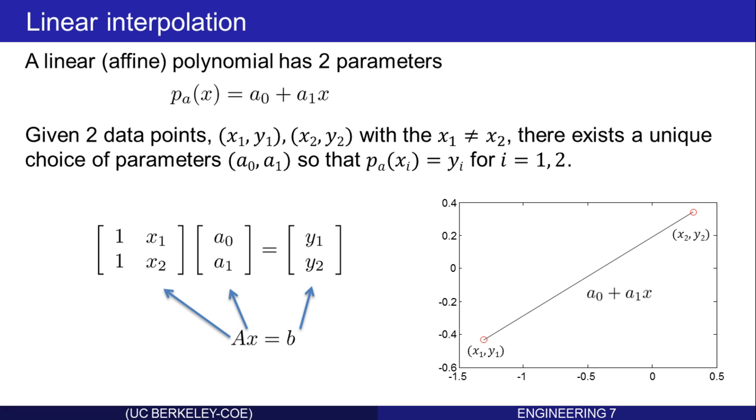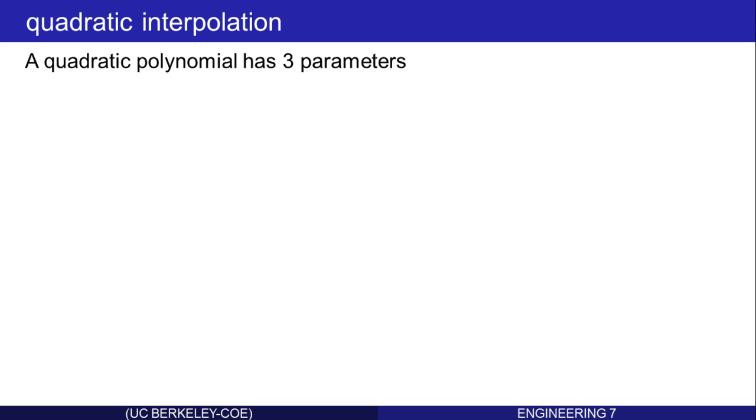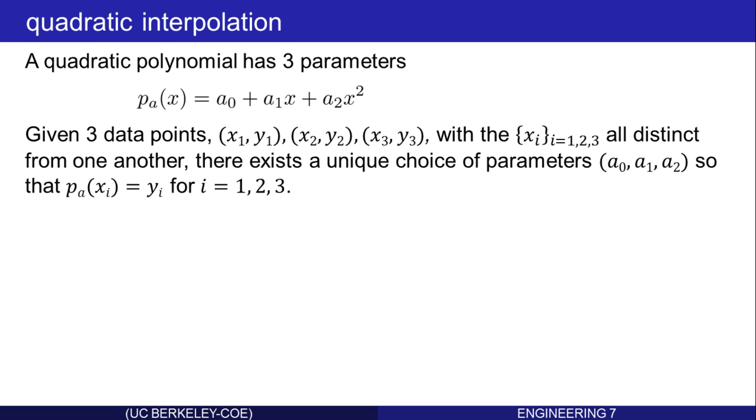Let's follow the same idea and move on to quadratic polynomials. A quadratic polynomial has 3 parameters: the constant term a0, the linear term a1x, and the quadratic term a2x squared.